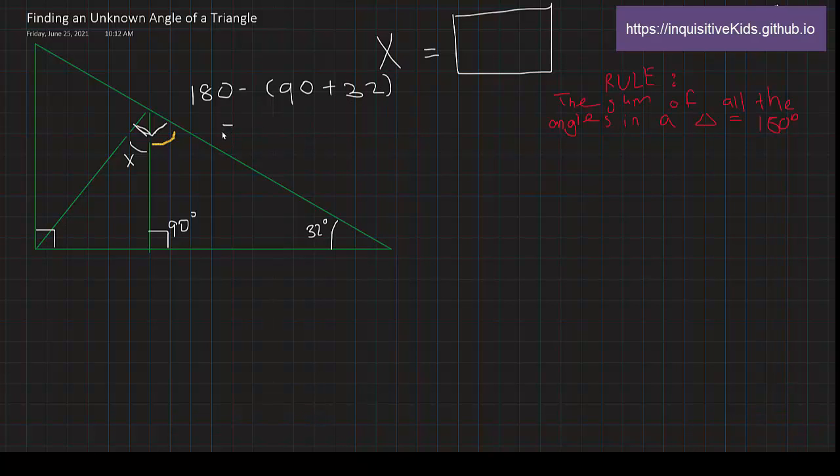So if we subtract, we get 180 minus 122, which is 58. So that leaves us with this answer. This golden angle right here is 58 degrees.